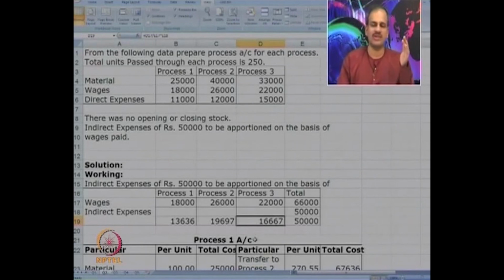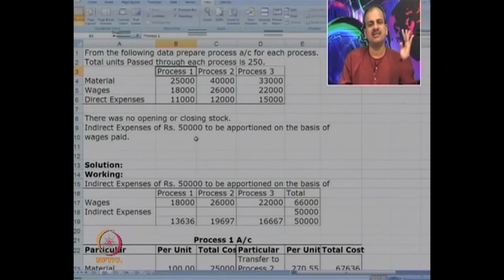Now let us go to process accounts. If you look at process 1 now, what will come in the process account? We have to charge material, wages, direct expenses and indirect expenses.